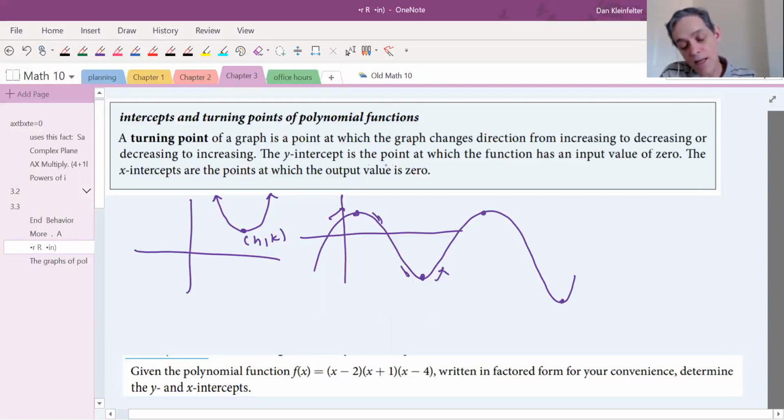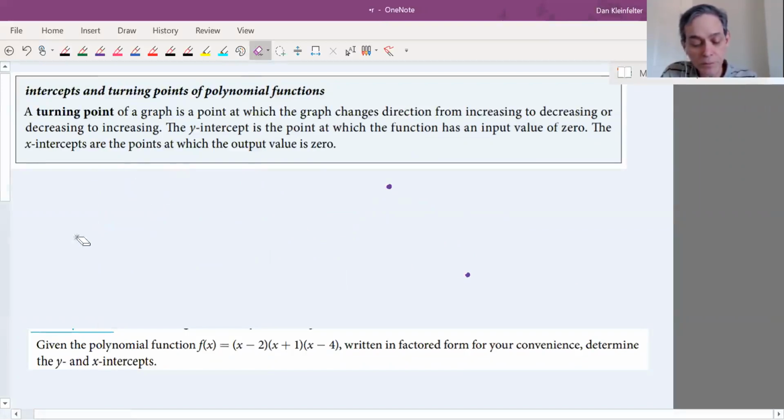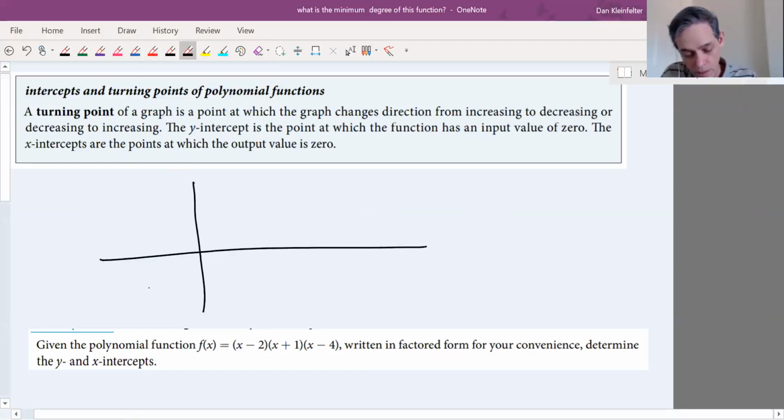Okay, the y-intercept is the point at which the function has an input value of 0, that is where it crosses the y-axis. The x-intercepts are the points at which the output value is 0. So as examples, that's a y-intercept.